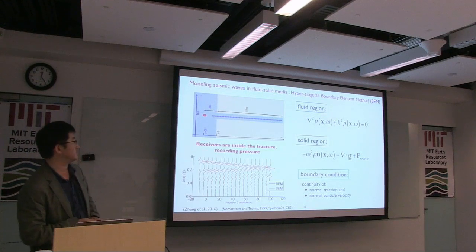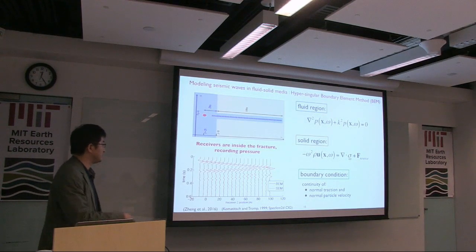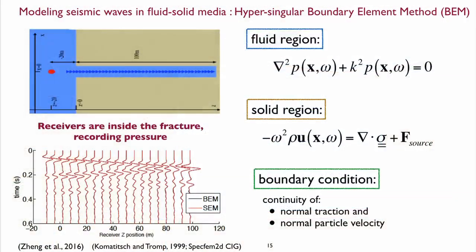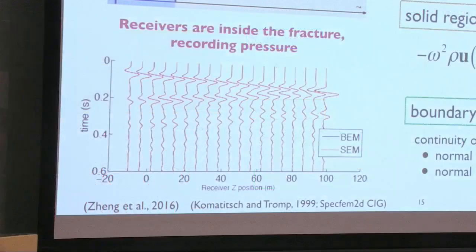So here's the comparison of the two waveforms computed by the boundary element and the spectral element. So this is the receiver position. Here is 0. Here's the 100 meters. So we put the receivers in the fracture, and we calculate the boundary element waveforms and the spectral element waveforms, and they are identical. So therefore, this boundary element code is valid to investigate this problem.